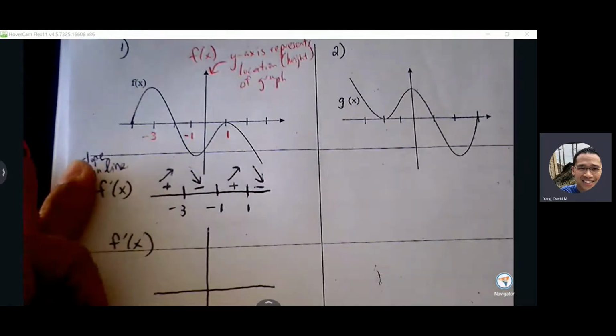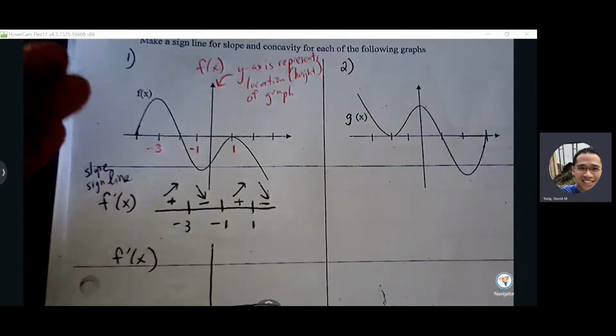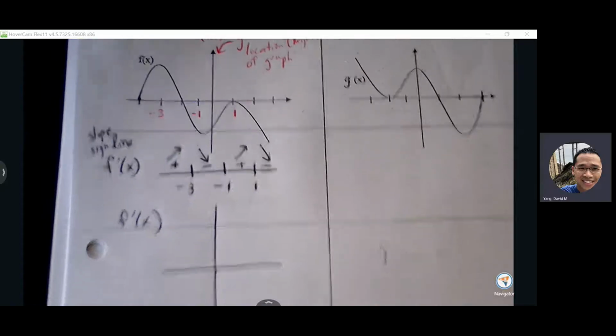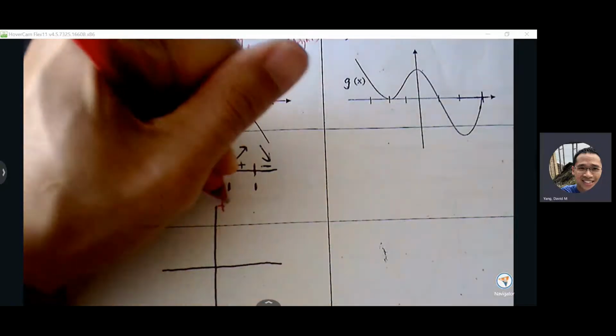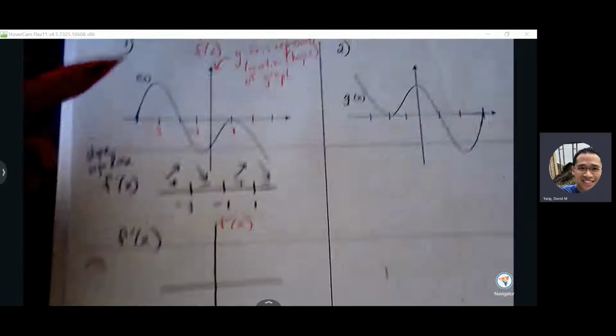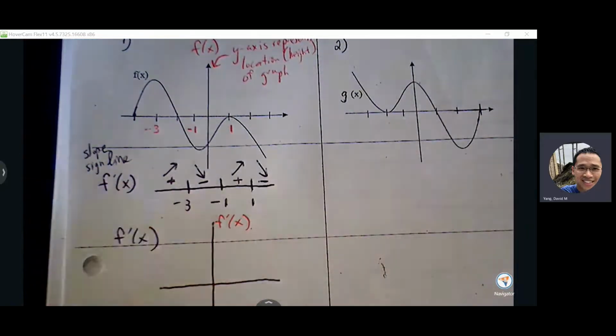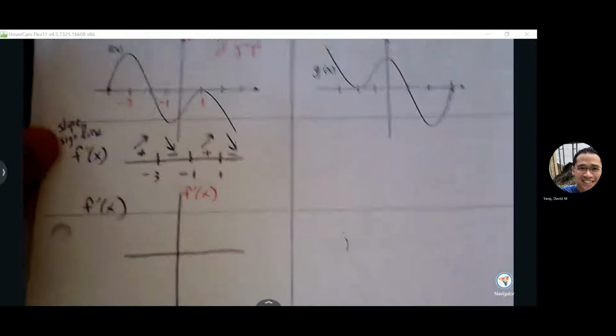The highest point is your relative max, lowest is your relative min. So we know how to look at a function graph and interpret that. Now, a derivative graph is going to represent something about the original graph, but the y-axis is not going to give us the location of the graph.